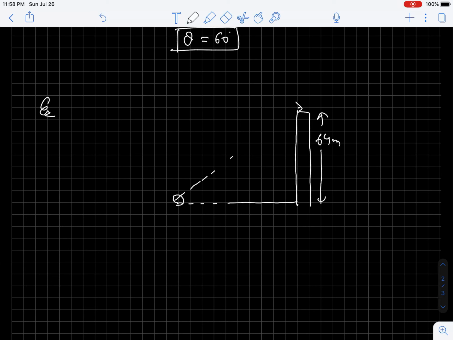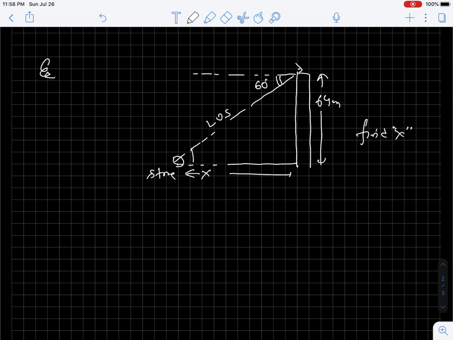This is the line of sight, and the angle of depression is, let's say, 60 degrees. They want to know the distance of the stone from the foot of the building. Find x.